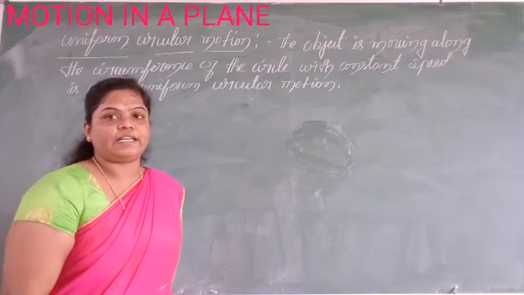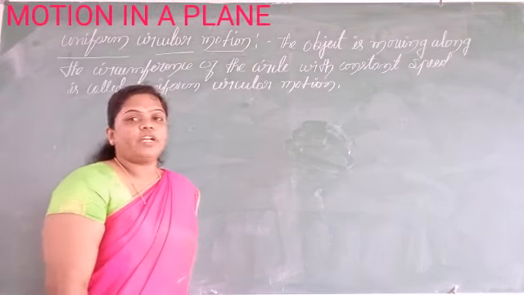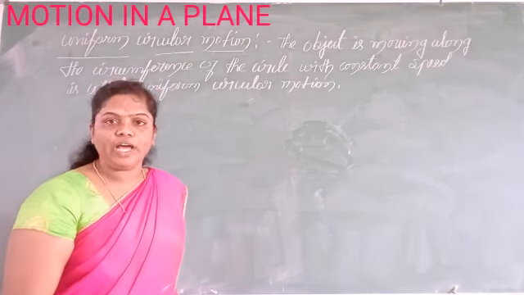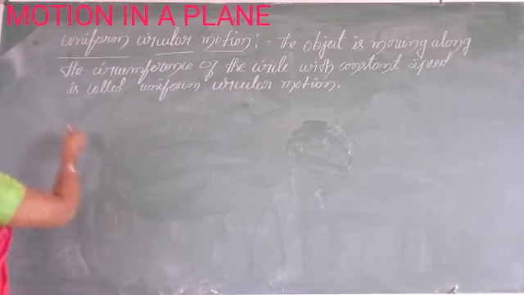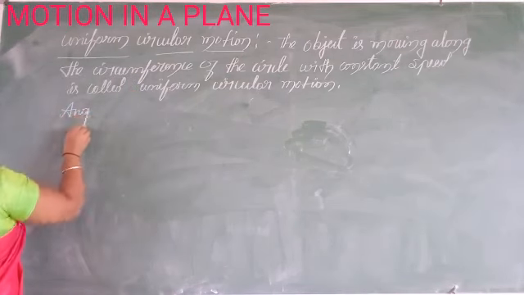So let us discuss some definitions regarding uniform circular motion. The first one is angular displacement.